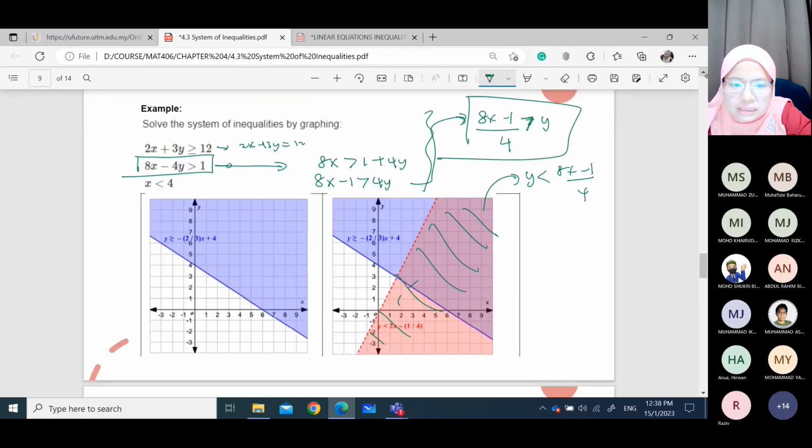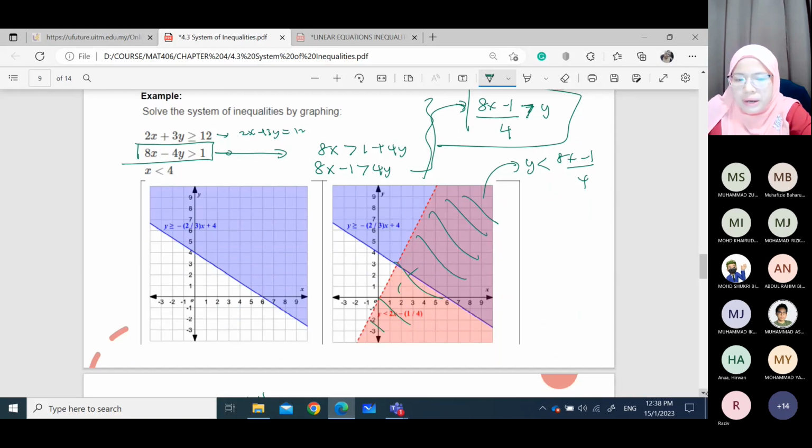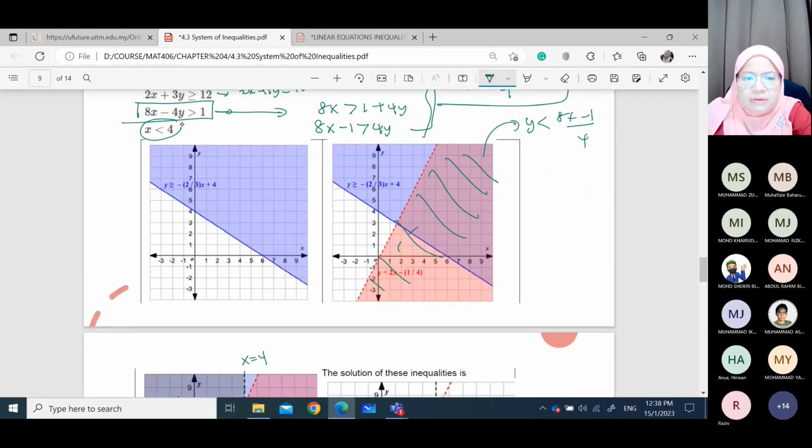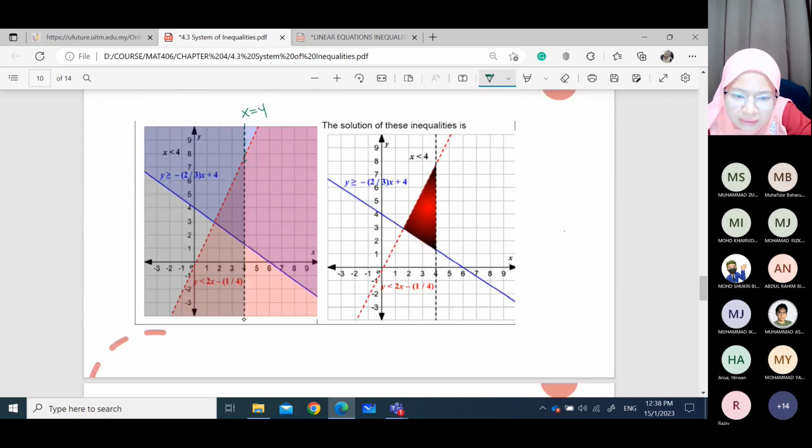So kita tengok dekat sini, dia kata x dia adalah kurang daripada 4. So bila x is less than 4, so values of x is always less than 4. Maknanya nilai-nilai x berada kecil daripada 4. Okay, so maknanya dekat sini nilai-nilai x berada di area sini, di region yang ini.